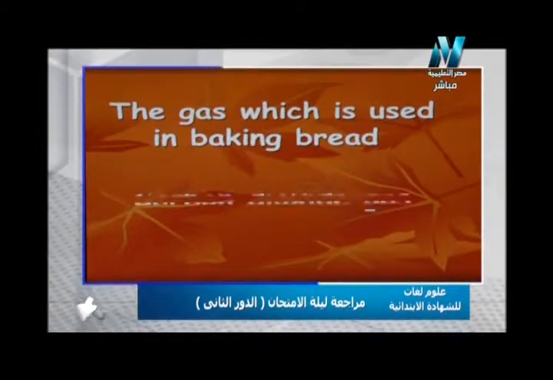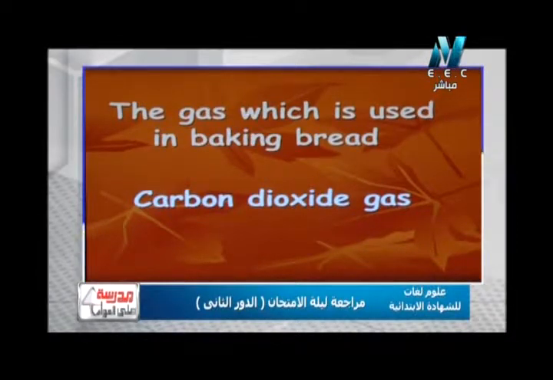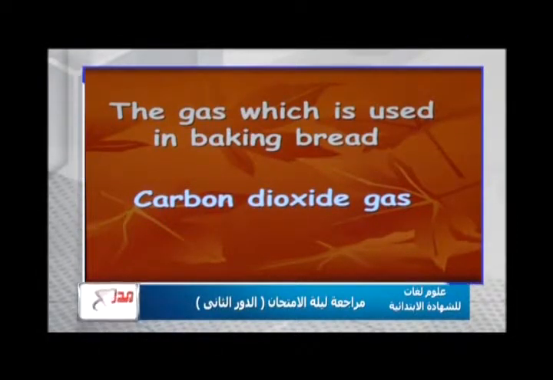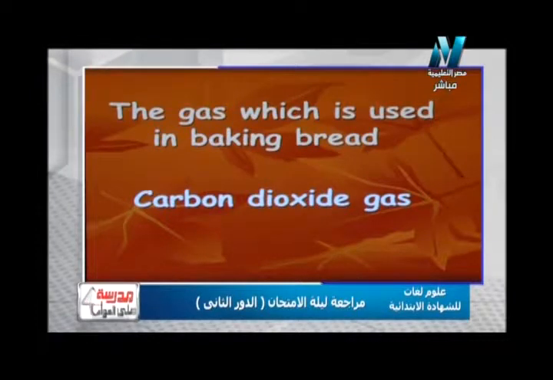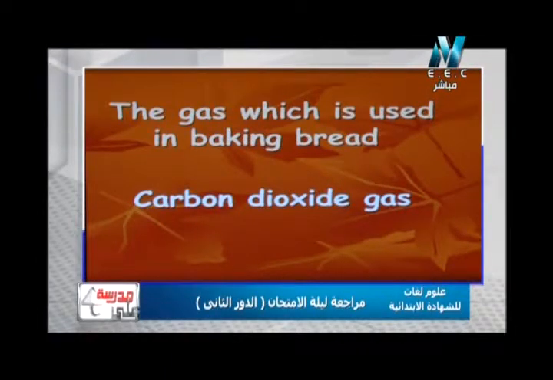So it will be carbon dioxide gas because it's produced from yeast or during fermentation process، لأنه بينتج من عملية اسمها التخمر عن طريق إضافة الخميرة. So the gas which is used in baking bread, carbon dioxide gas.